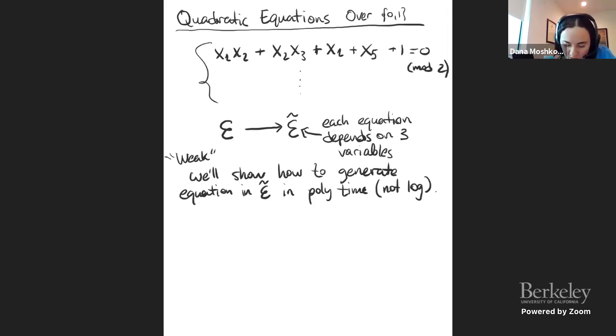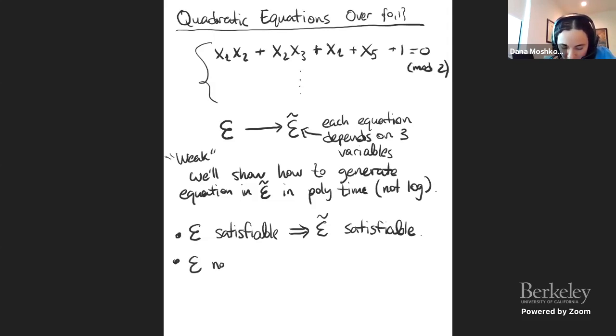But what I'll show is, again, those 2 bullet points. If E is satisfiable, so there exists some assignment to the variables that satisfies each and every equation, then also E tilde is fully satisfiable, whereas if E is not satisfiable, then E tilde is far from satisfiable.